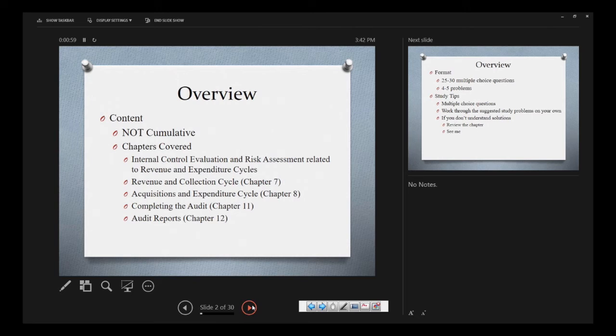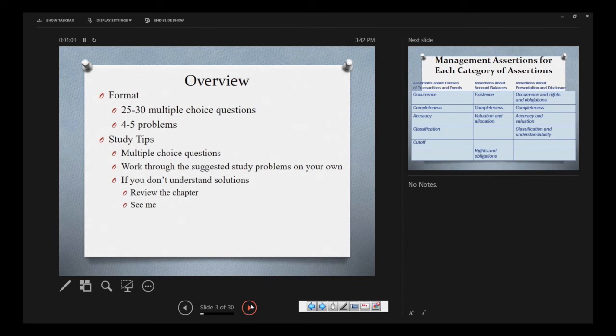The format, as I said, will be 25 multiple choice questions, probably more like 5 problems, but there'll be subsections to the problem. You have 3 hours to take the exam, so you'll have more than enough time, with the objective of spreading the points out and not having any one problem be a substantial amount of points.